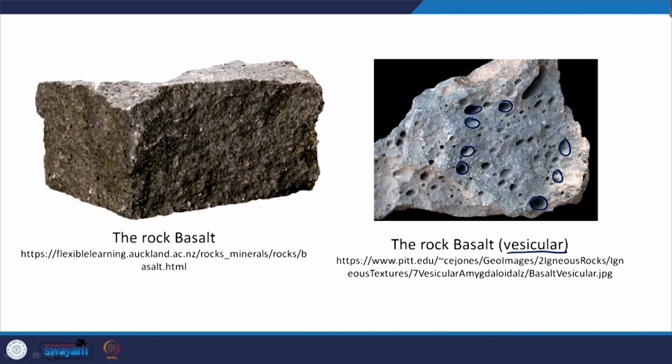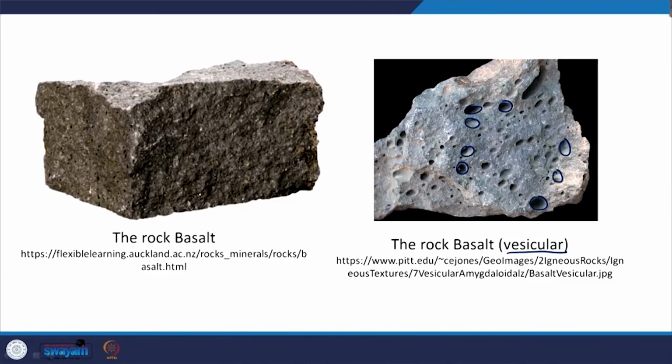When the magma erupts, a lot of gas may also be present, and if it is not able to escape, it just cools down in the rock, and that gas creates this kind of vesicular structure. That is the difference between these two basalts. It is an extrusive rock.